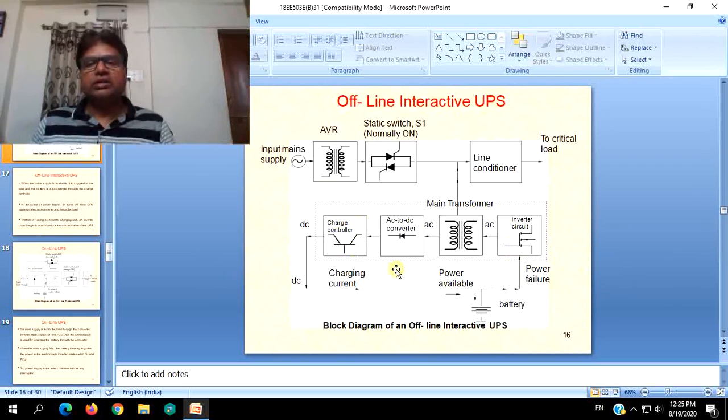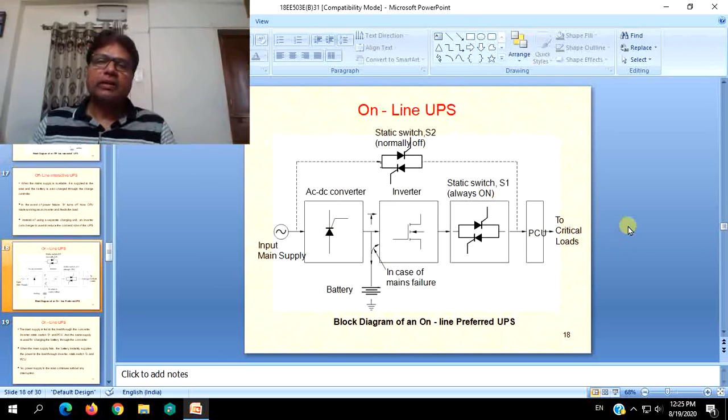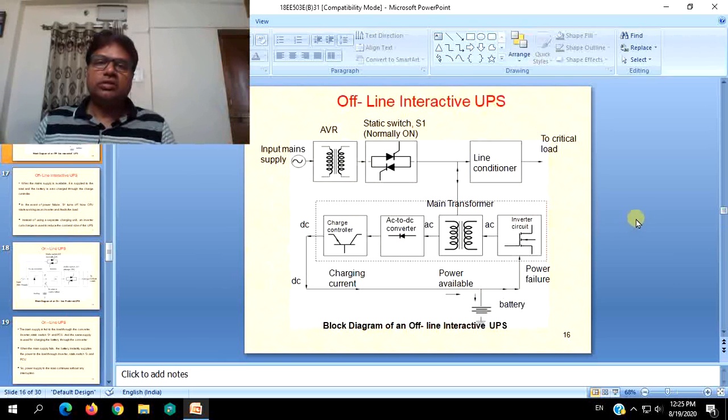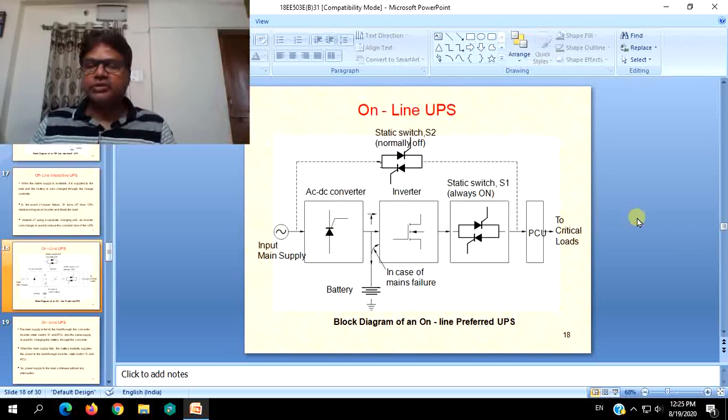This total thing will be taking care of all the things, so size will be decreased. So this is the working of offline interactive UPS, and the features of offline preferred and interactive UPS.